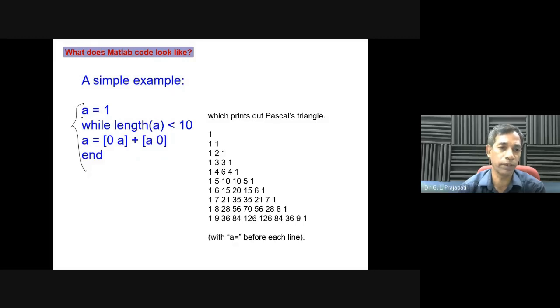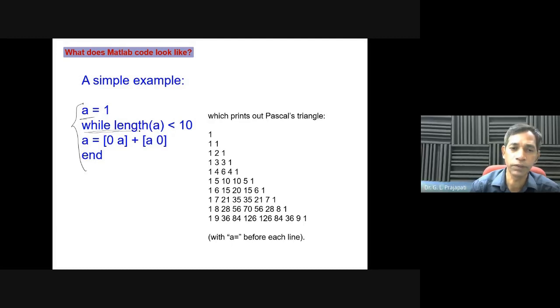But a is equal to 1 means it will hold the value 1, like an integer. But you know that everything in MATLAB is a matrix, so this integer is also stored as a 1 by 1 matrix. This is the kind of iteration you are going to do.